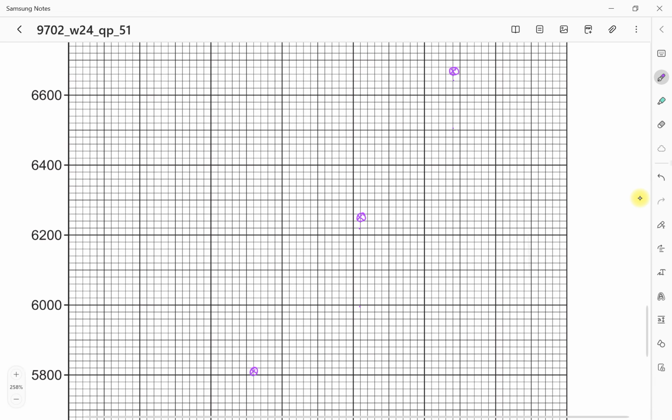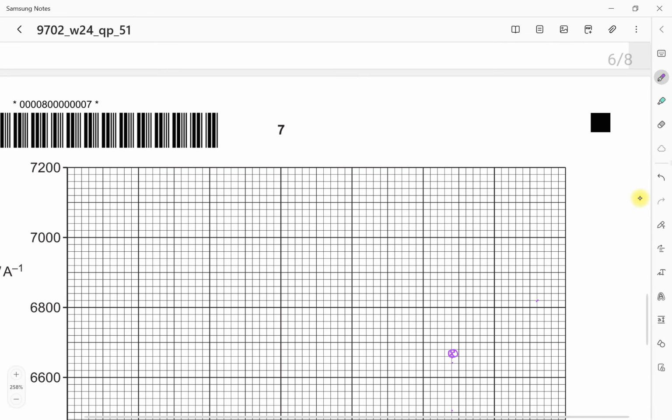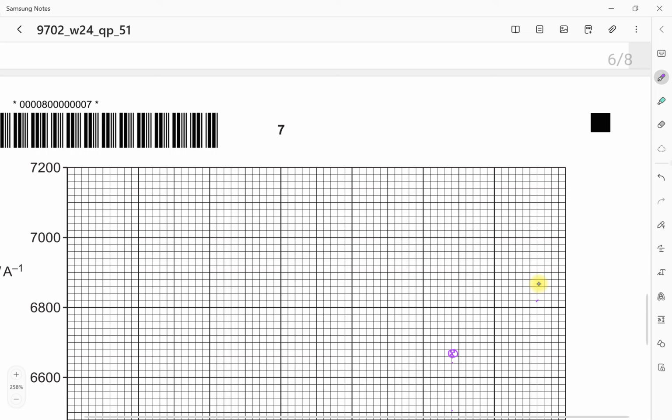Okay. 2.72 is against 6940. 6940 is just above, so let me check with my calculator. 6940 minus 6800 is 140, divided by 20, is 7 boxes. So on 6800, I'm going to add 7 boxes. So 1, 2, 3, 4, 5, 6, 7.